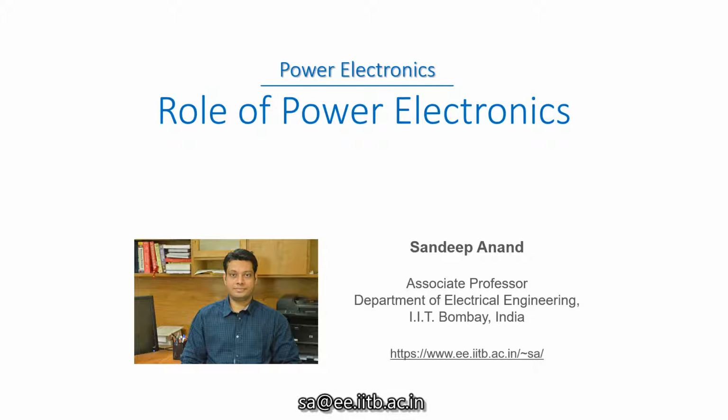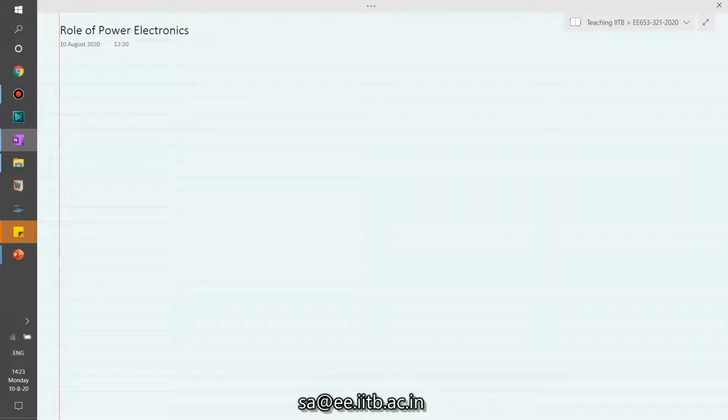So I'll take a few examples for you to understand the role of power electronics in these. Let me start by taking the popular case of our mobile phones. Our mobile phones are electronic loads.